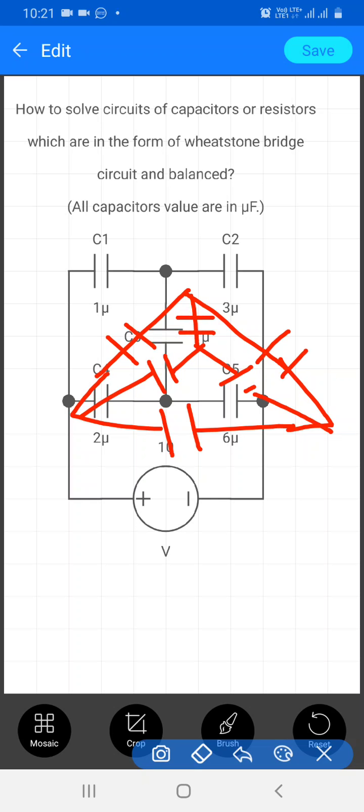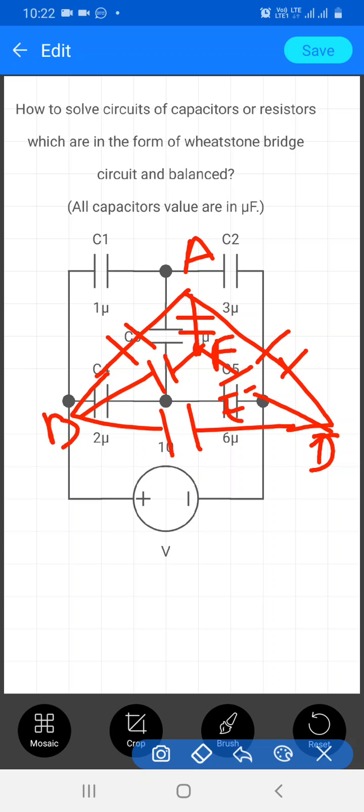So there are 1, 2, 3, 4, 5 capacitor and one is battery. Say battery voltage is E, and here we can put A, B, D, and here we can put F in the neutral point, this point F.